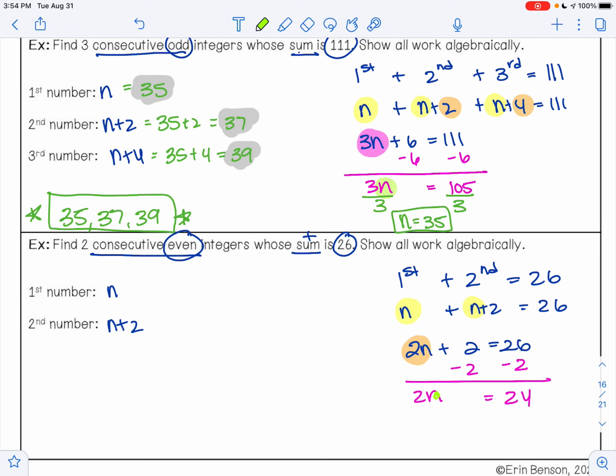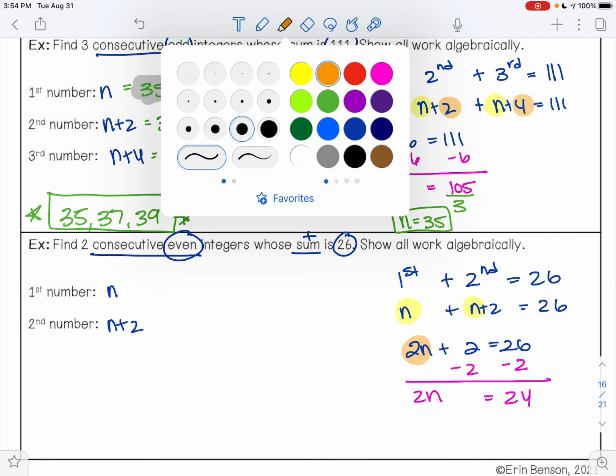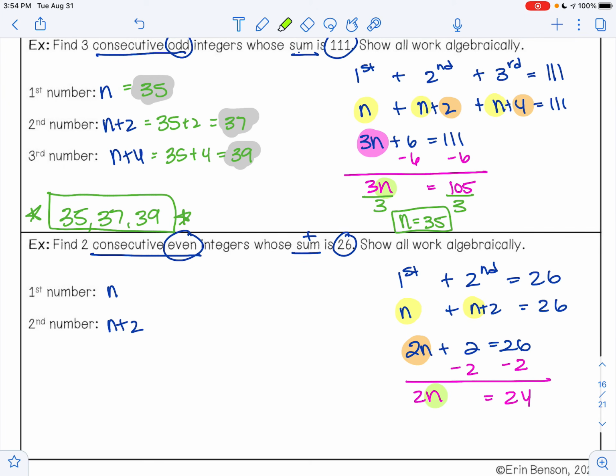I want to get n by itself. To undo multiplication, I'll do division, and so I'll have n is equal to 12. We got an even integer, so I know that we're on the right track. So my first number is 12, and my second number is 12 plus 2, which is 14. So the 2 consecutive even integers are 12 and 14.